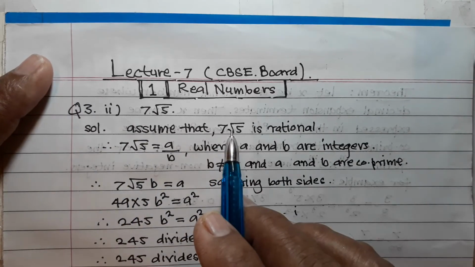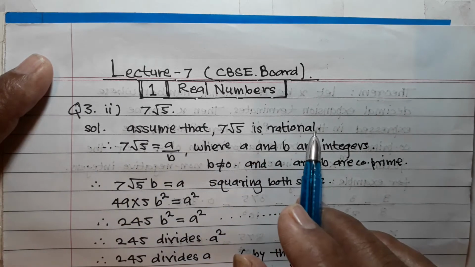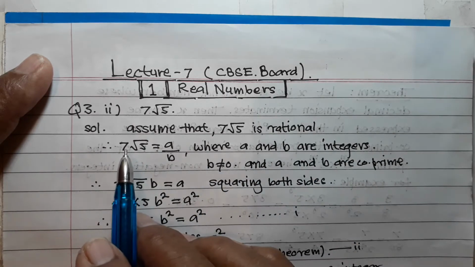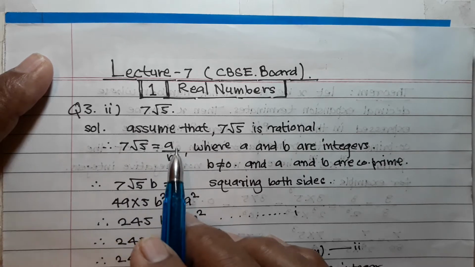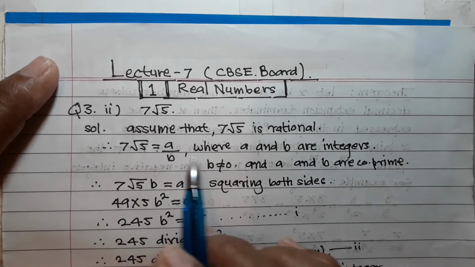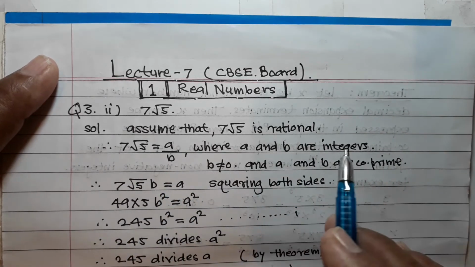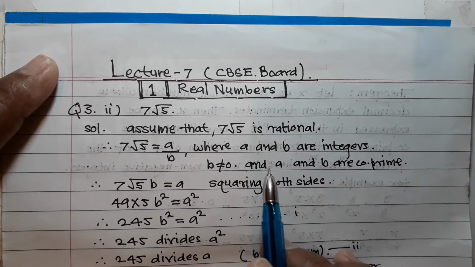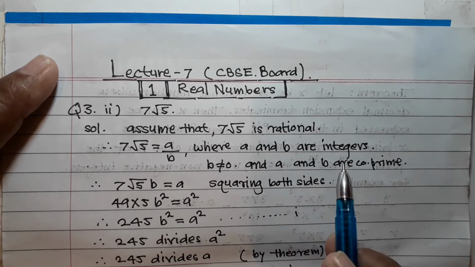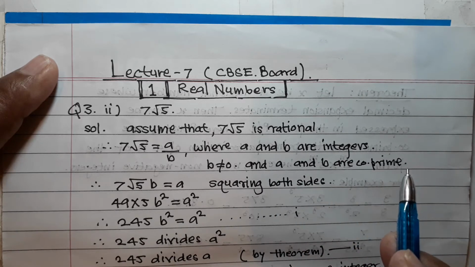Assume that 7 root 5 is rational and therefore 7 root 5 is equal to a upon b, where a and b are integers, b is not equal to 0, and a and b are co-prime.